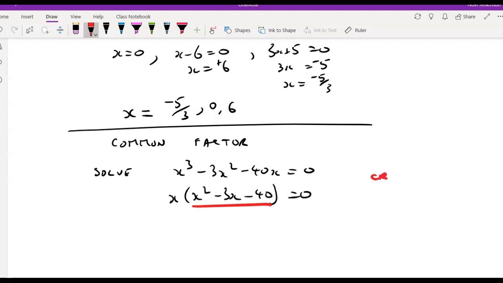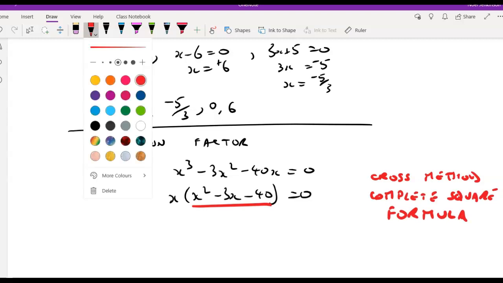You could use the cross method. You could complete the square. You could use the formula if all else fails.